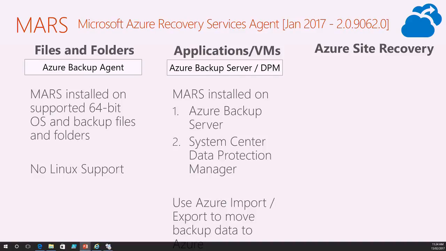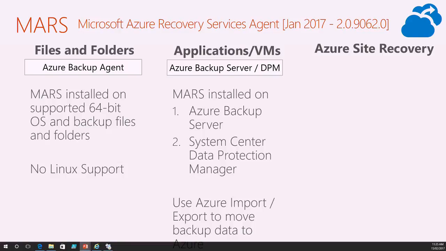Azure Backup Server is basically DPM under the covers. We'll talk a little bit about that. So we're installing that MARS agent onto our backup server, and that's integrating with our Azure Backup Service in Azure and backing up workloads and VMs to Azure.